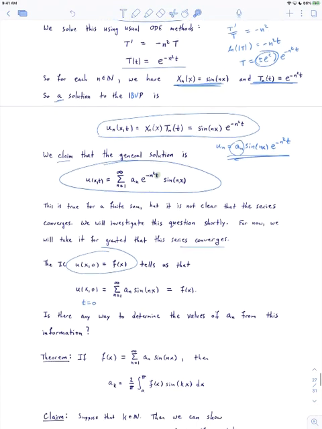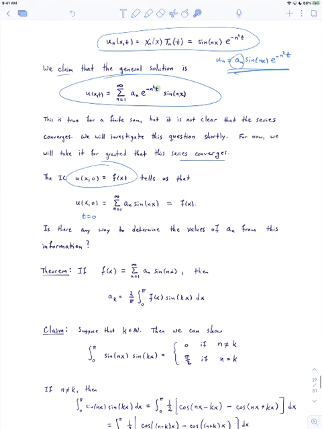And it turns out that there is. We have a theorem, and the theorem says that if f is equal to this infinite sine series, the sum n equals 1 to infinity of a sub n sine nx, then you can solve for the coefficient a sub k by evaluating this integral. It's 2 over pi times the integral from 0 to pi of f at x times sine of kx dx.